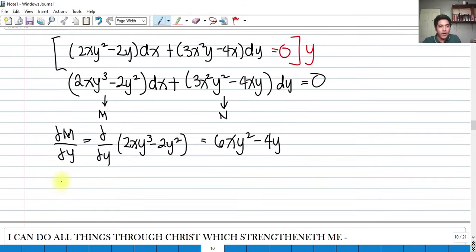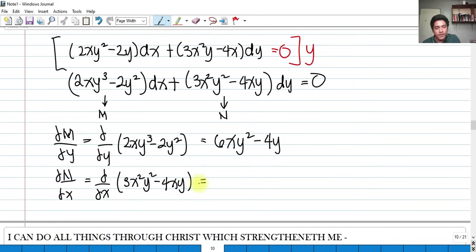Then partial of n with respect to x: going to the right, this is our n, 3x squared y squared minus 4xy. With respect to x, that is 6xy squared, power rule, and with respect to x, the derivative of x is simply 1, so minus 4y.